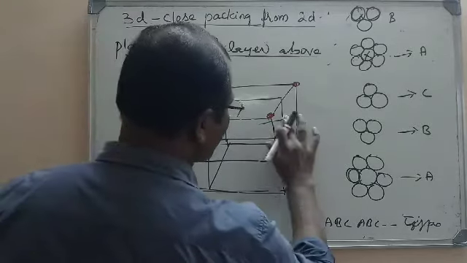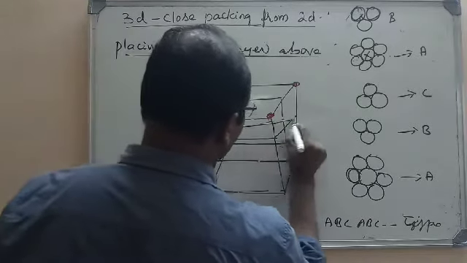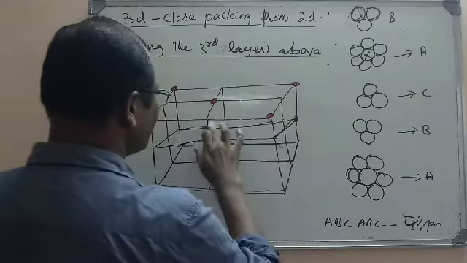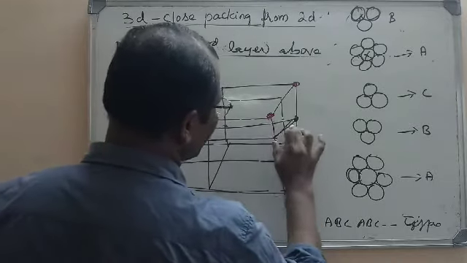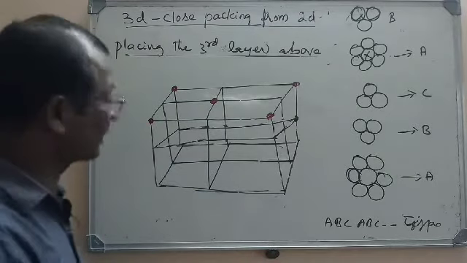So here I am showing the 3-dimensional geometrical structure that is formed when we lay the third layer on the second layer such that the octahedral voids are covered.